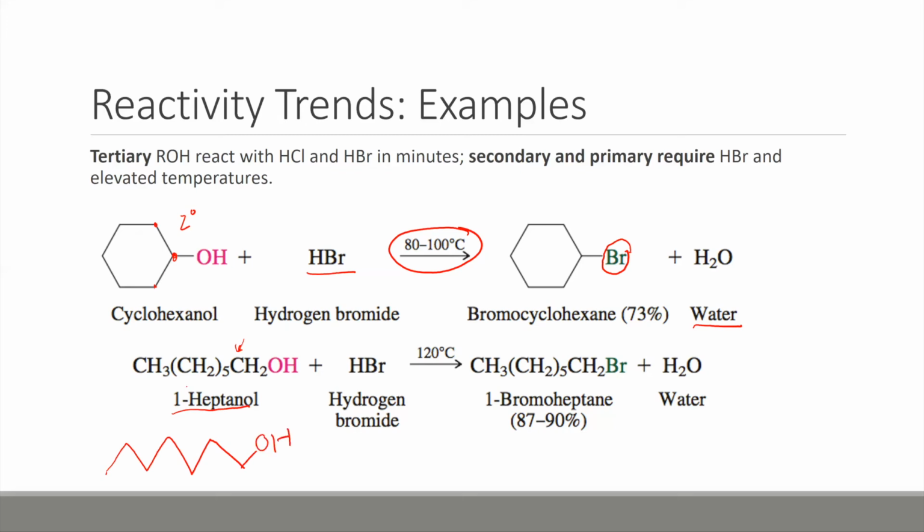And here's our OH group. So again, 1, 2, 3, 4, 5, 6, 7. The OH is on the 1 position. So here is the carbon directly attached to the OH, and it's only attached to 1 other carbon. So it is a primary alcohol. It requires hydrogen bromide to react and very hot temperatures, 120 degrees Celsius.